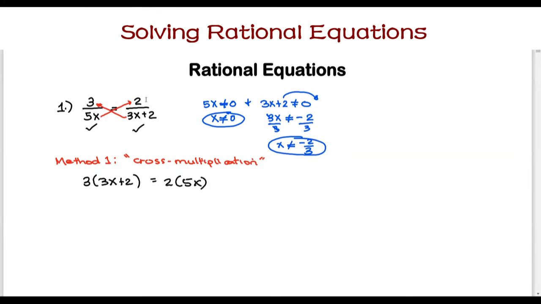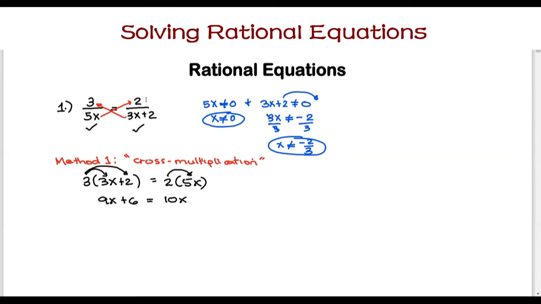And then, we distribute 3 times 3x, you get 9x. 3 times 2, you get 6. And on the other side, 2 times 5x, you will get 10x. Since ang pinakamataas na degree ng x ay 1, this one is a linear equation.